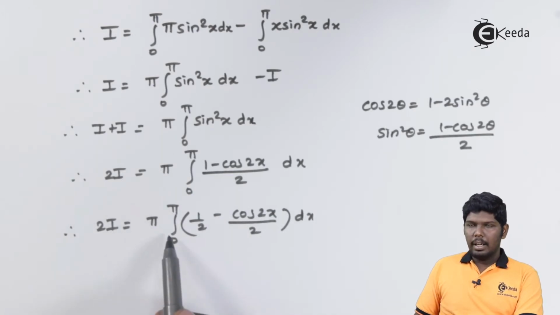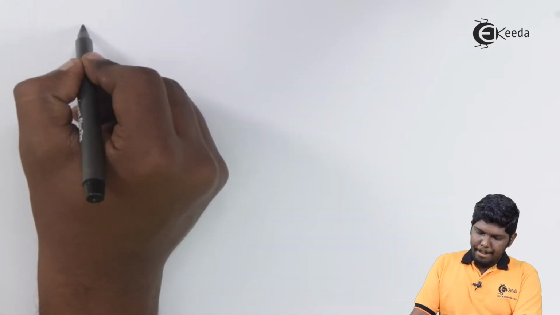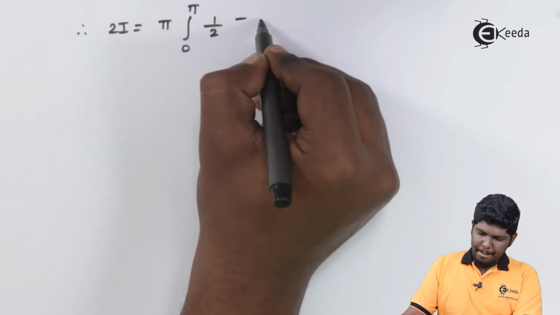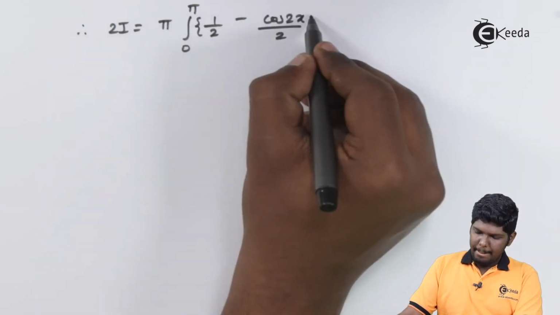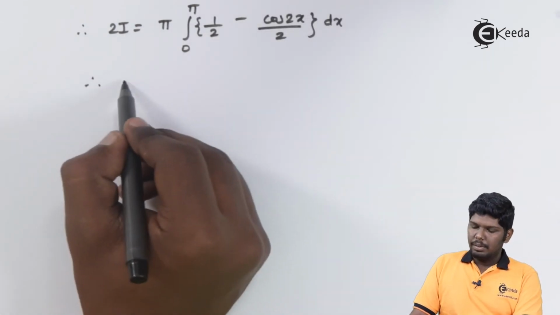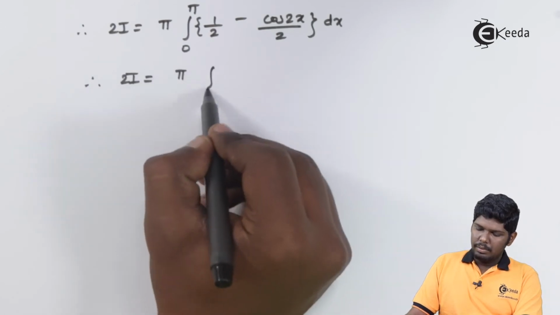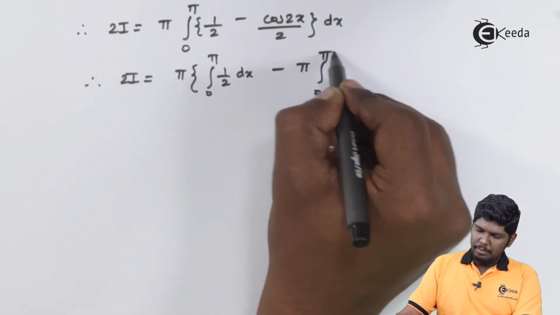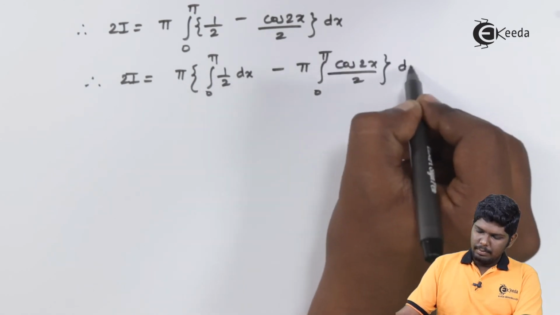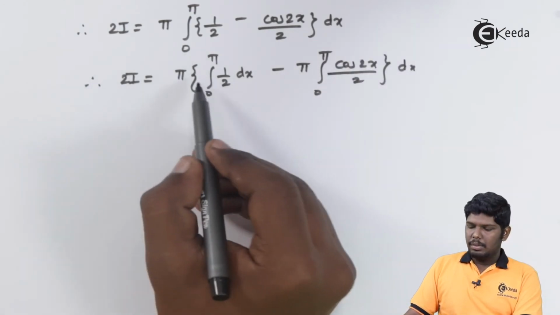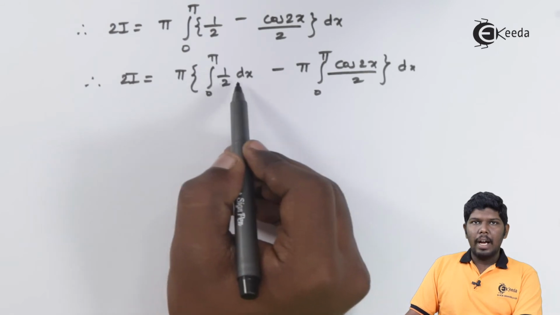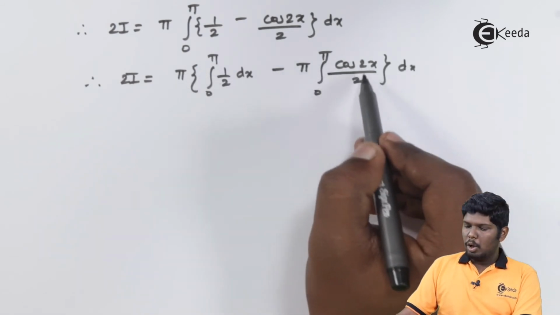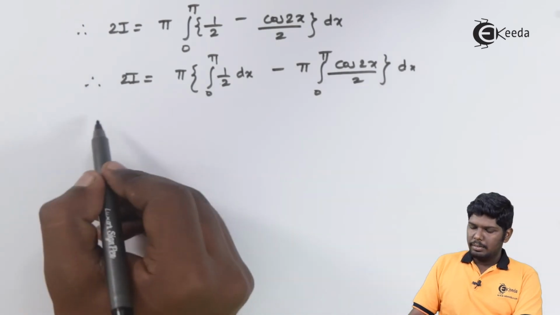Now let us separate again the integral to both the terms. 2I is equal to pi integral 0 to pi half dx minus pi integral 0 to pi cos 2x upon 2 dx.